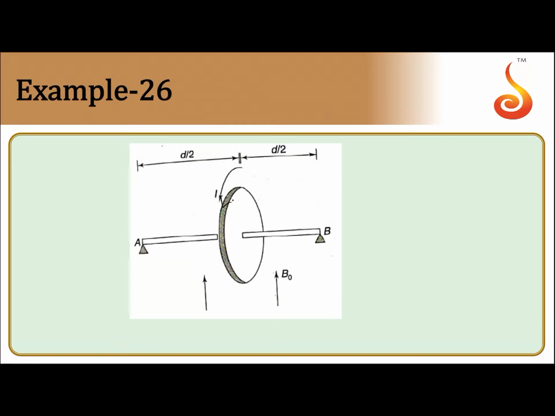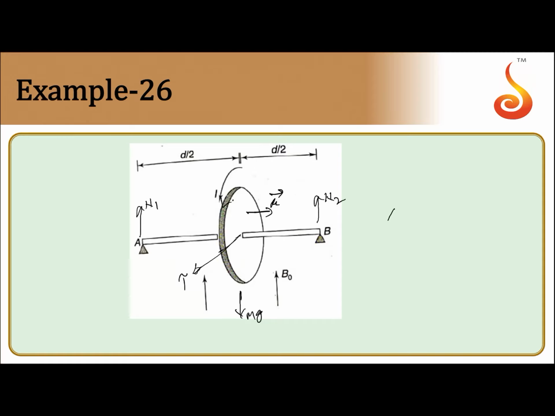So let us call it N1, reaction of the support N2, and mg, and this torque will act in this sense, and magnetic moment vector mu of the current loop will be in this direction. So everything is marked here.